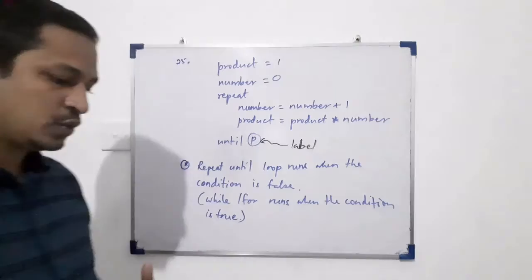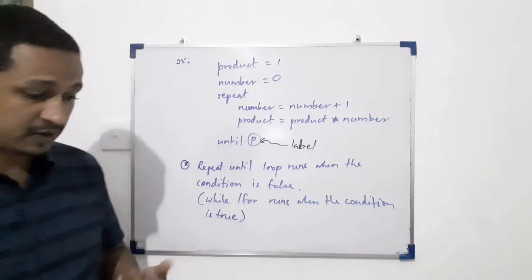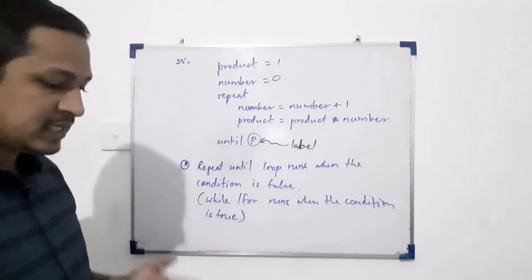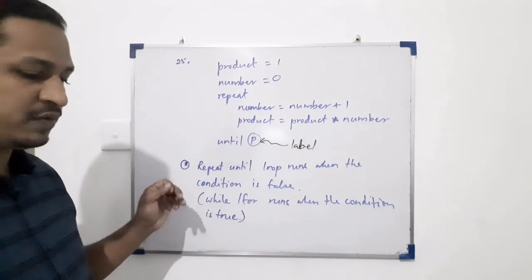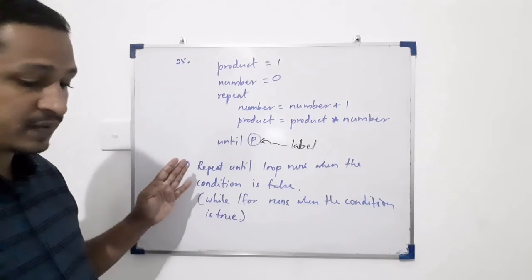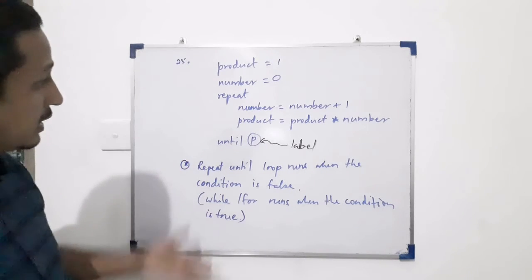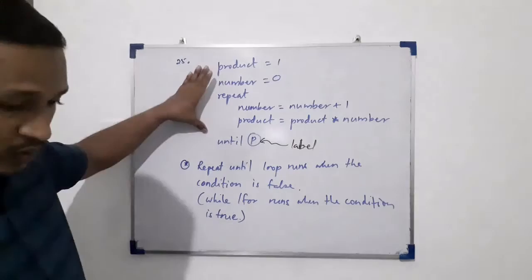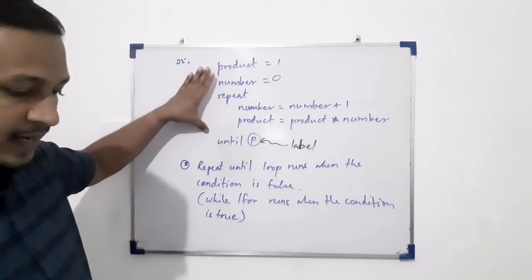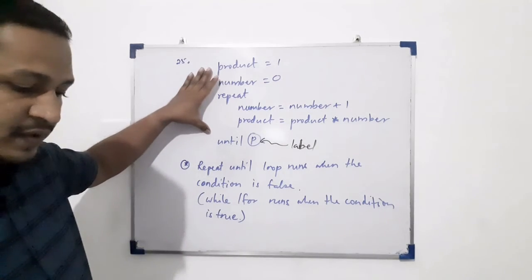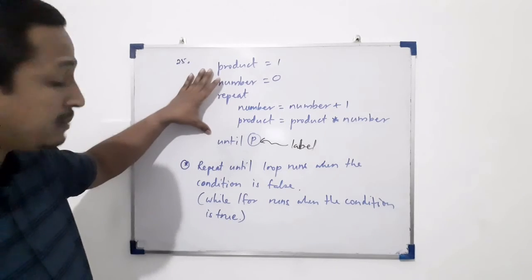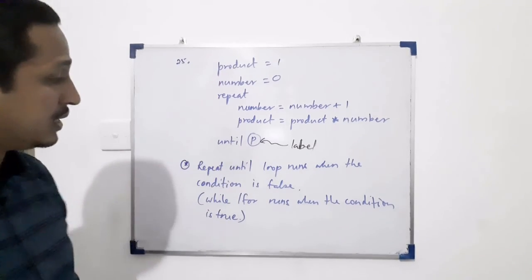Okay, children, we come to question number 25 now. Consider the following pseudocode with label P to find the product of numbers from 1 to 10. This is the given pseudocode. They are asking which of the following expressions is correct for label P. So this is the label.